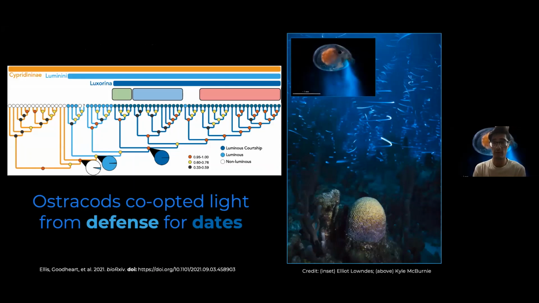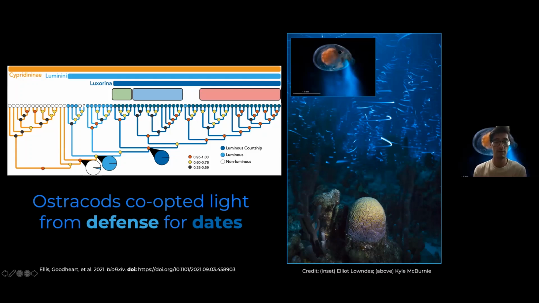These are small millimeter-sized crustaceans that use bioluminescence for anti-predator defense, and we just dropped a preprint online by Ellis and Goodhart et al. if you want to see it, where certain species in the Caribbean have co-opted this defensive anti-predator display into a mate signaling context. Here is a time-lapse photo of what these displays look like. Males swim into the water and secrete discrete boluses of mucus that glow into these Morse code-like patterns that females then track and orient visually to.